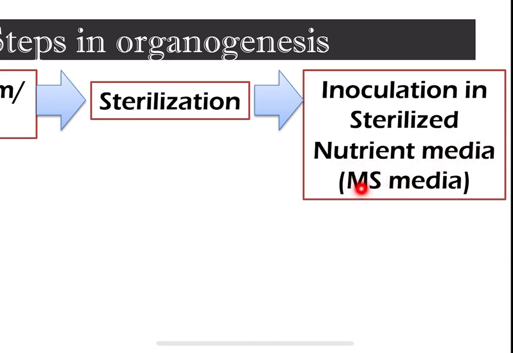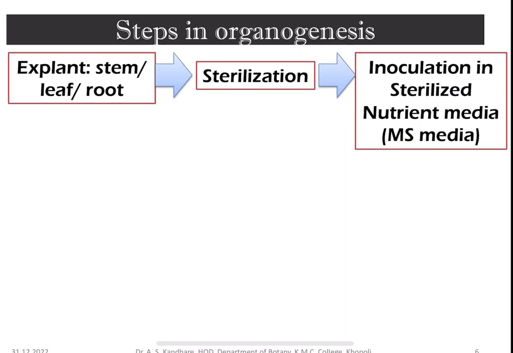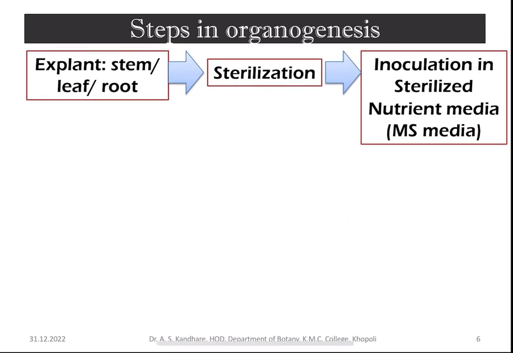It is a general media which is commonly used in PTC for organogenesis. So inoculation means introduction of explant into the nutrient media under proper sterile condition, especially by using laminar airflow. So in laminar airflow, you can do this process of inoculation.